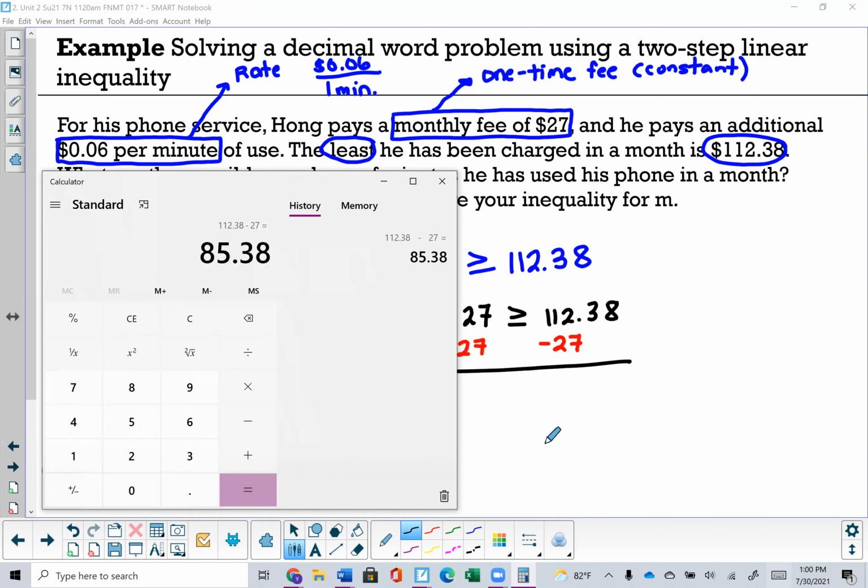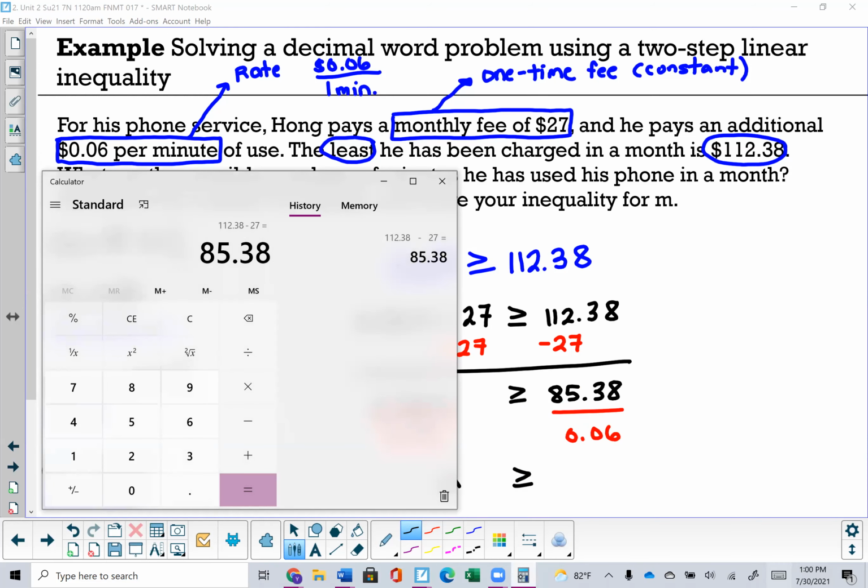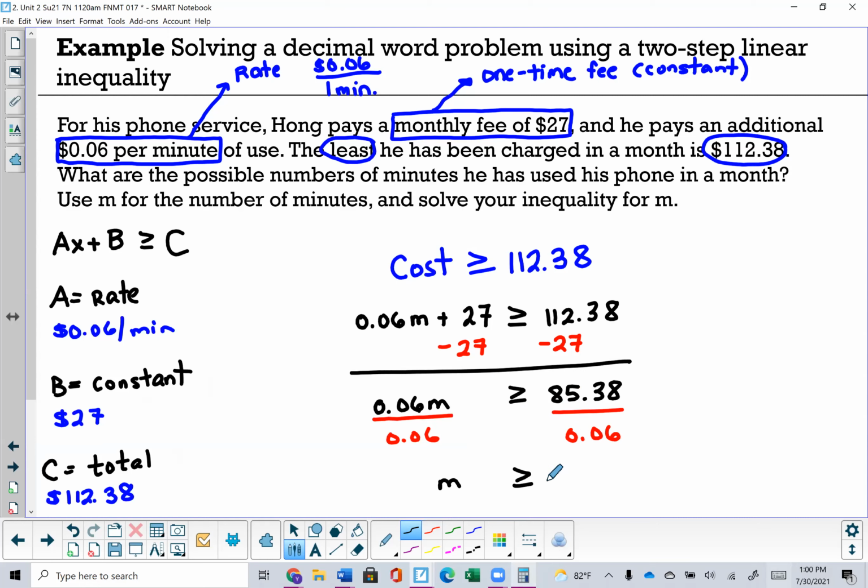So we get 0.06 M is greater than or equal to 85.38. Then we're going to divide by 0.06 on each side. So we get M is greater than or equal to, let's divide that by 0.06. We get 1423 minutes.